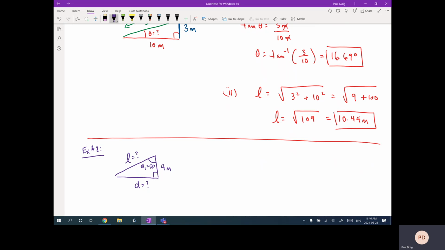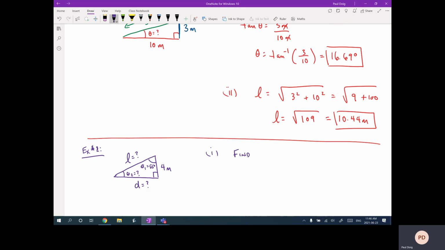So let's figure out what theta 2 is, what the length of the ramp is, and how far away the bottom of that ramp is from the wall, otherwise known as D in there.